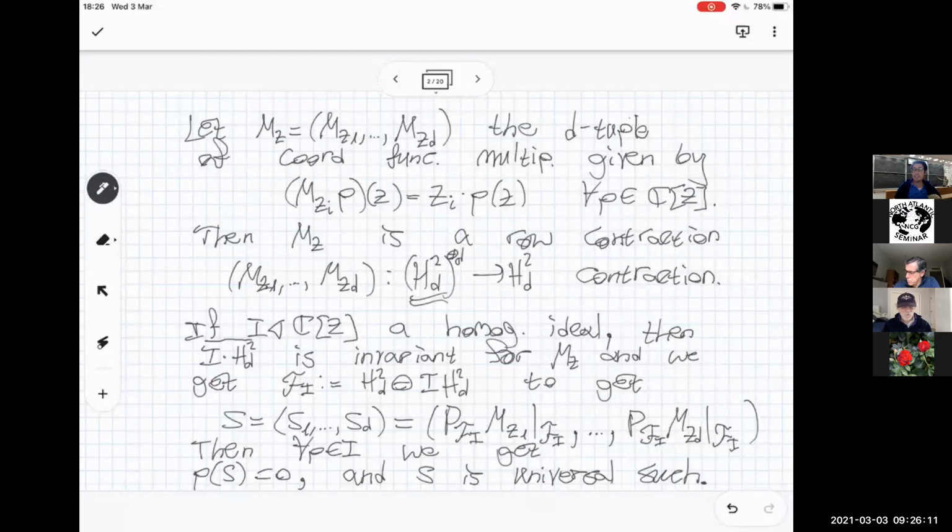So that means if you have T, some other row contraction that satisfies the relations in I, then really what I want to say is that you can generate a non-self-adjoint algebra from S, and you can generate a non-self-adjoint algebra from T, and there would be a quotient map from the one generated by S to the one generated by T. Okay? And these algebras are algebras of functions, right? Of holomorphic functions.